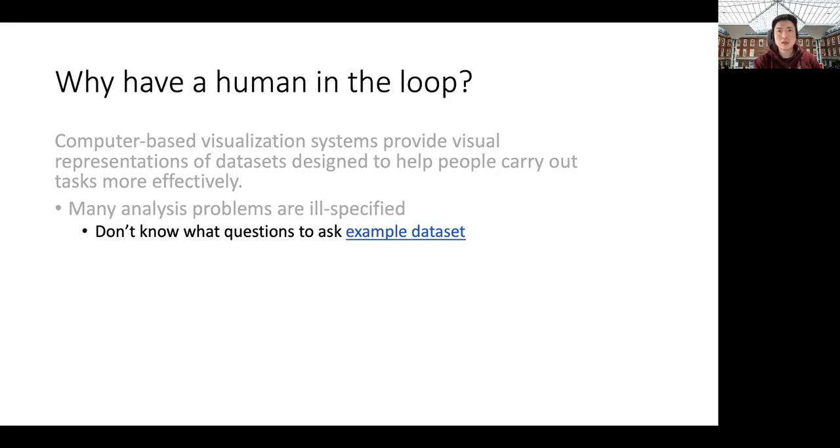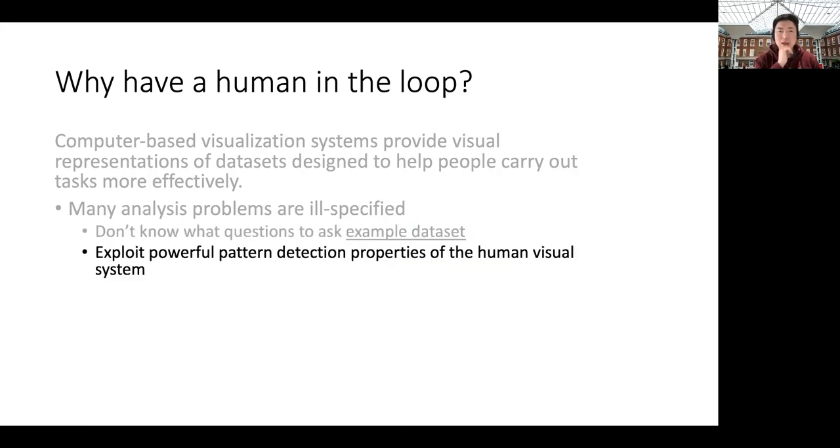Once you know the exact question, sometimes the analysis can then be automated, but just being able to find the right question to ask can be an important part or take quite a bit of time. This is a part where you can use the human and the visual recognition system.